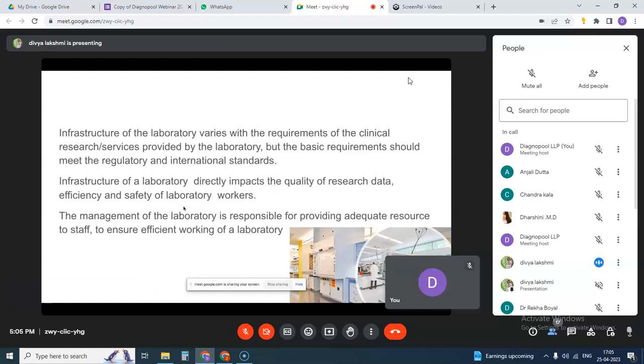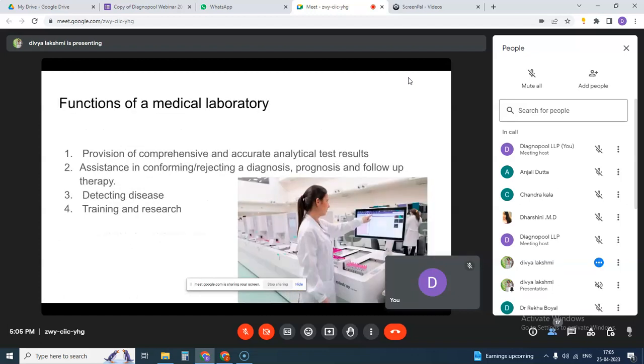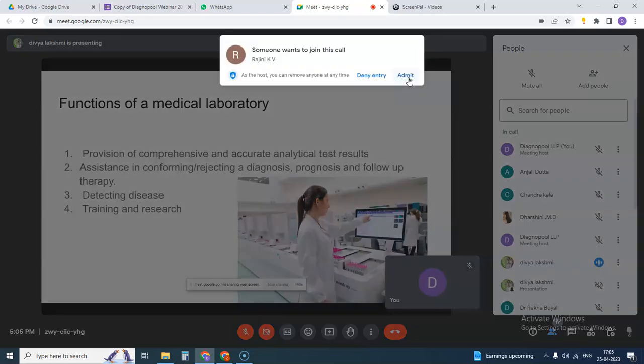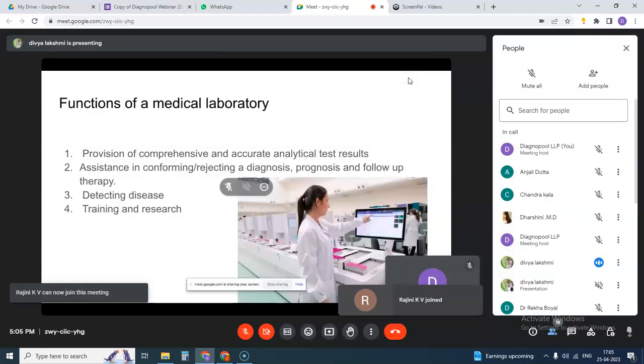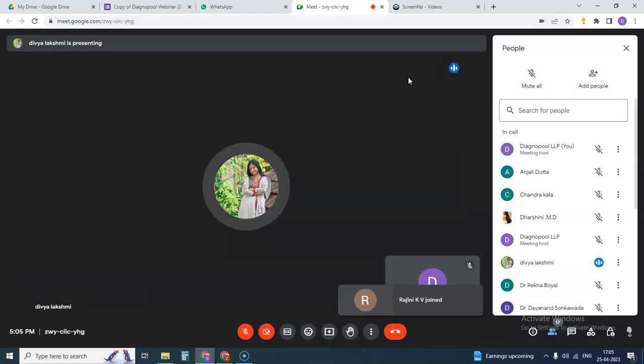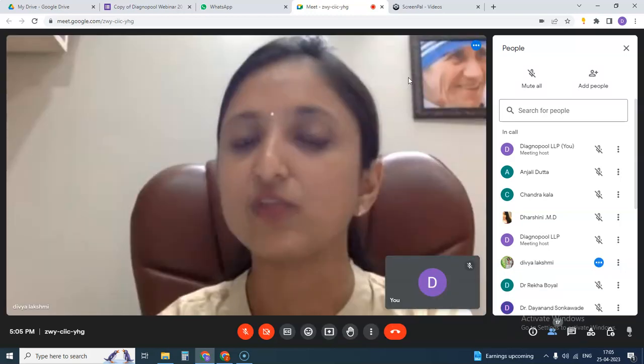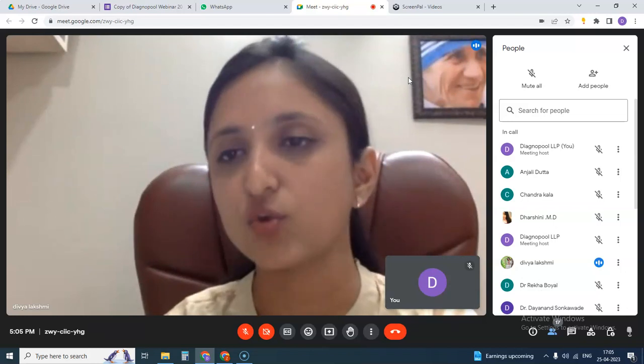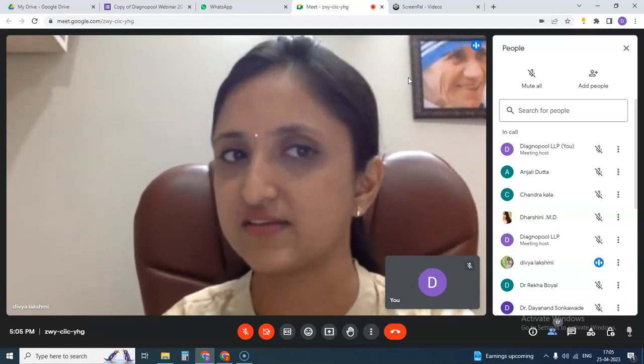So the management of the laboratory will be responsible to provide good, adequate resources to the staff to ensure the efficient working of a laboratory. So we all are working in various kinds of laboratory. So we all know what are the functions of medical laboratory. We are basically handling to give a good, comprehensive and accurate analytical test results.